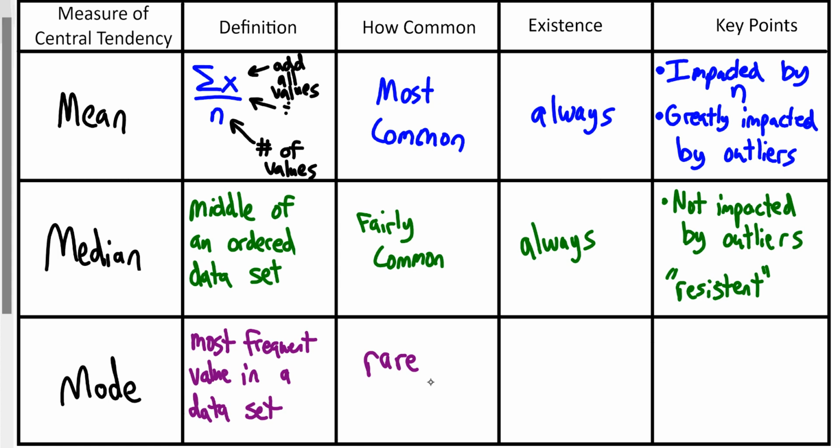It sometimes exists. I have to say sometimes because if all the values are only on there once, there's no mode. I mean, technically all of them are the mode, but that means there is no mode. Sometimes there's more than one mode. If there's two of them that both show up 5 times, there's 2 modes then.